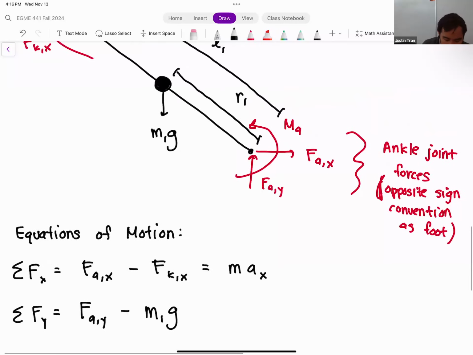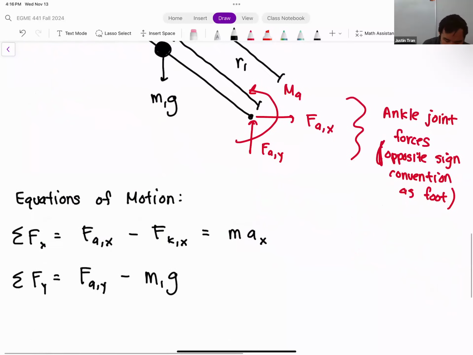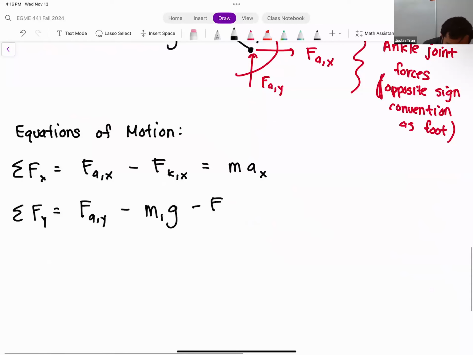And then we also have the y direction force acting at the knee, so that's FKY going in the negative direction as well. Since this whole body's in motion, this is equal to mass times the acceleration in the y direction.